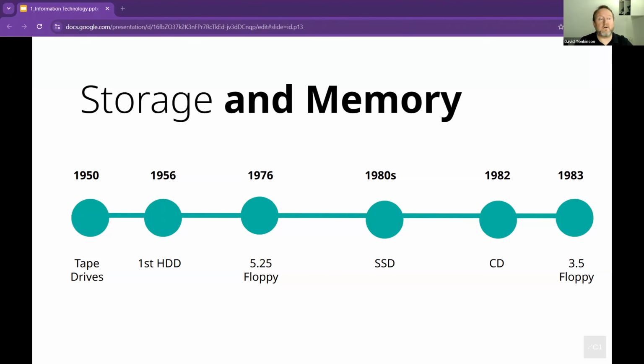A lot of why we weren't using some of this stuff earlier on is because of how expensive it was. The technology was there, but the manufacturing process to create SSDs at an affordable price wasn't available in the 1980s. So we didn't use them.